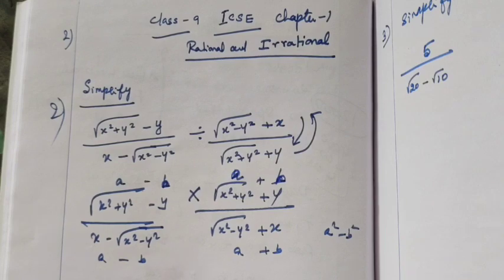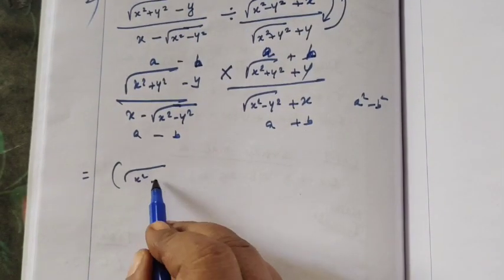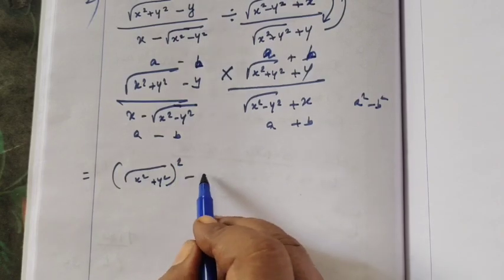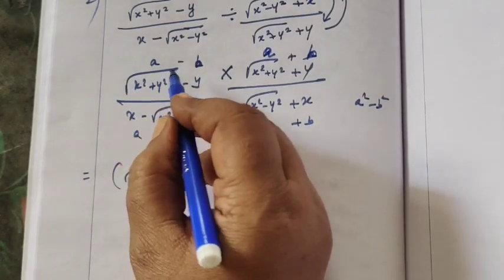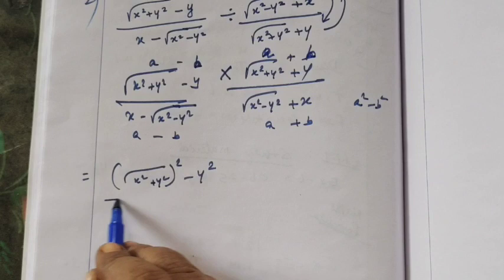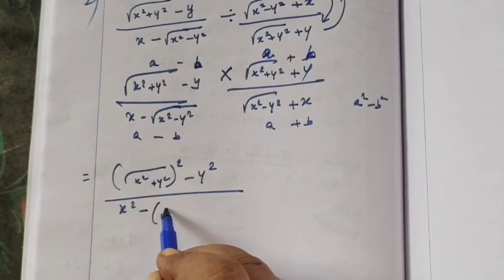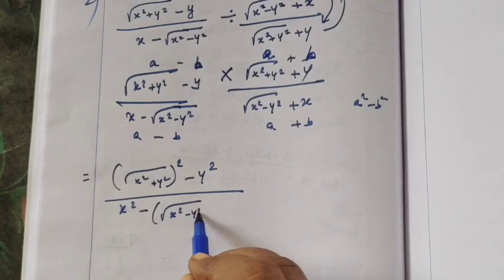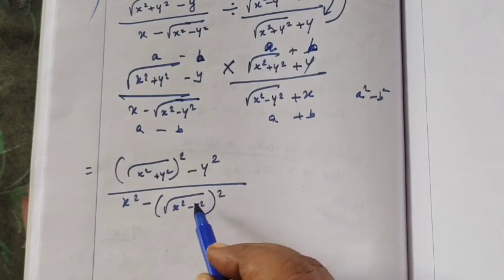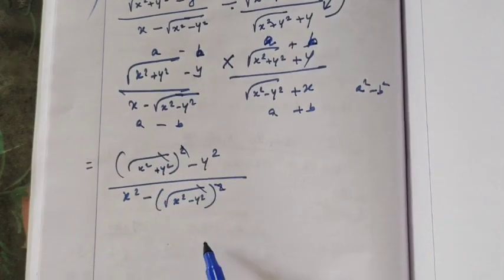So a squared means root of x squared plus y squared the whole squared minus b squared, a minus b, a plus b by x squared minus root of x squared minus y squared the whole square. So root squared cancels.